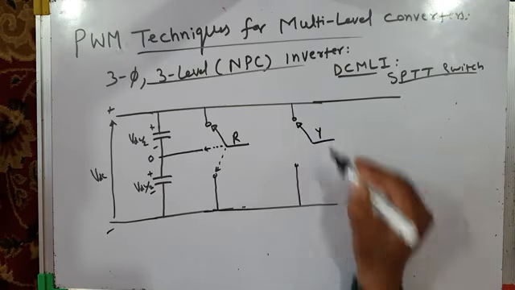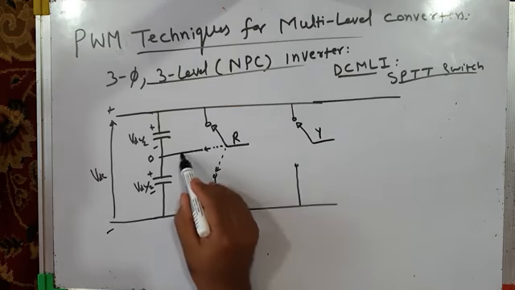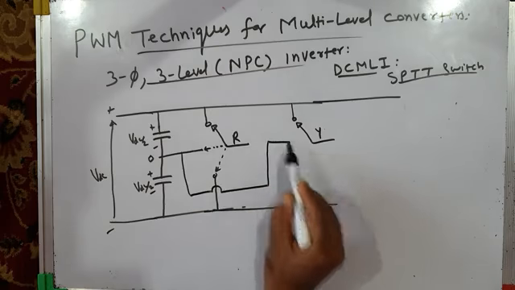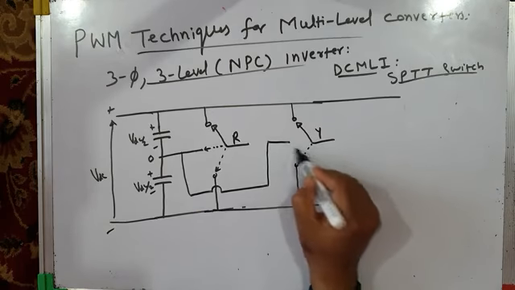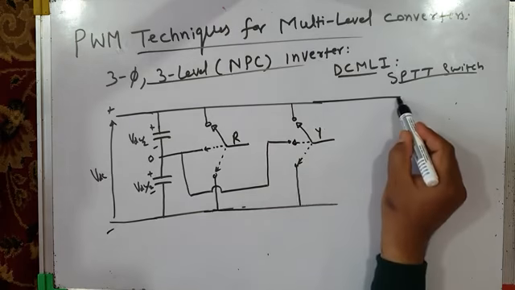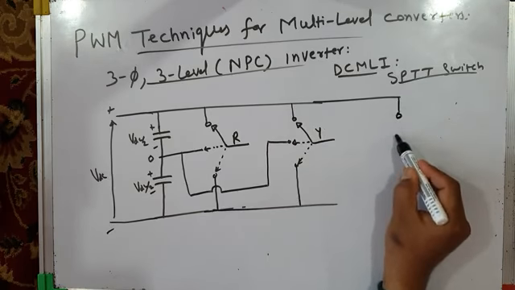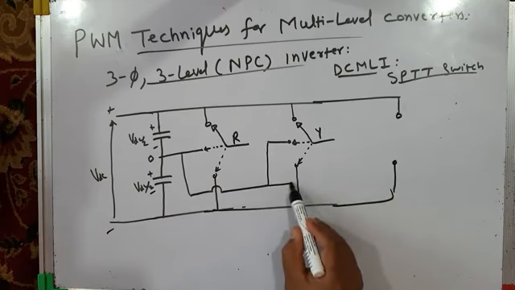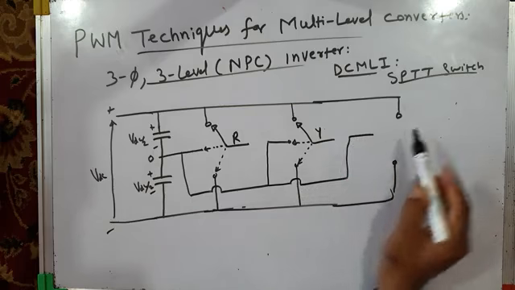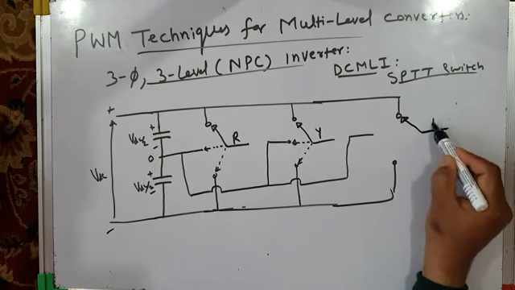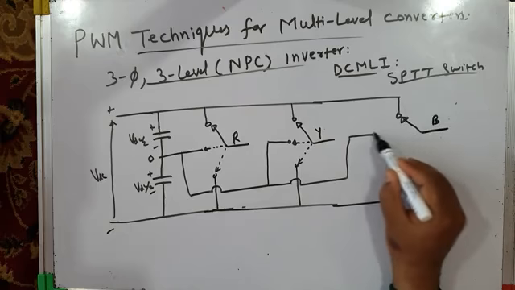This is pole Y or phase Y. This midpoint of the DC bus capacitor can be taken like this. Similarly we have it for phase B. This is pole B.